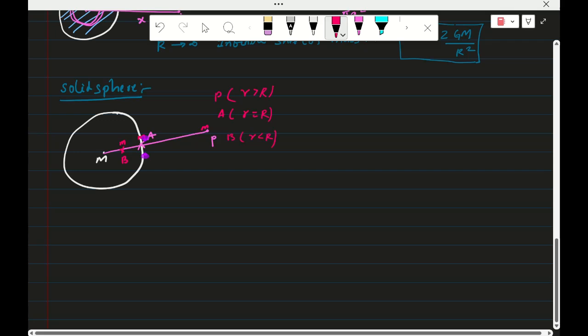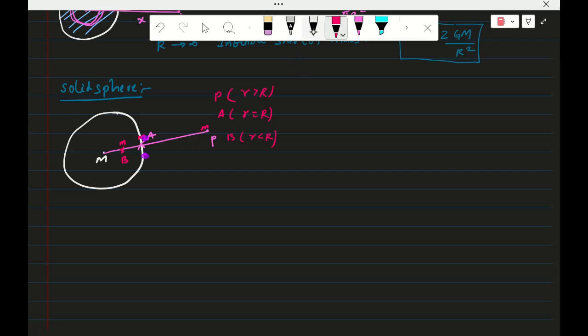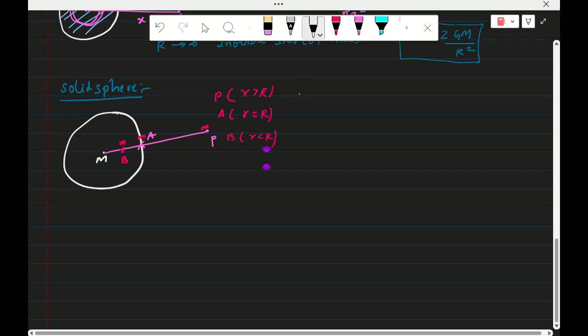As in the force we discussed, similarly the same way, the field outside is equal to Gm by r square. The field inside is equal to Gm by R cube into small r.